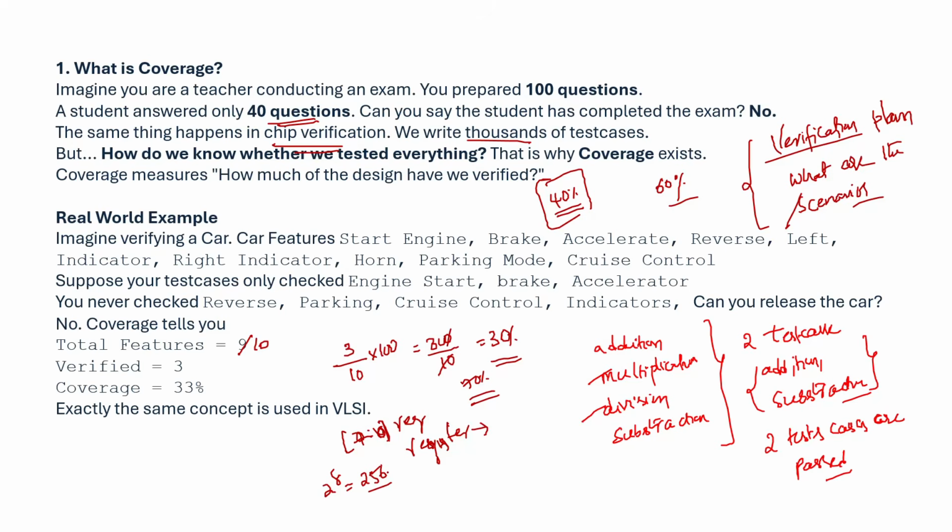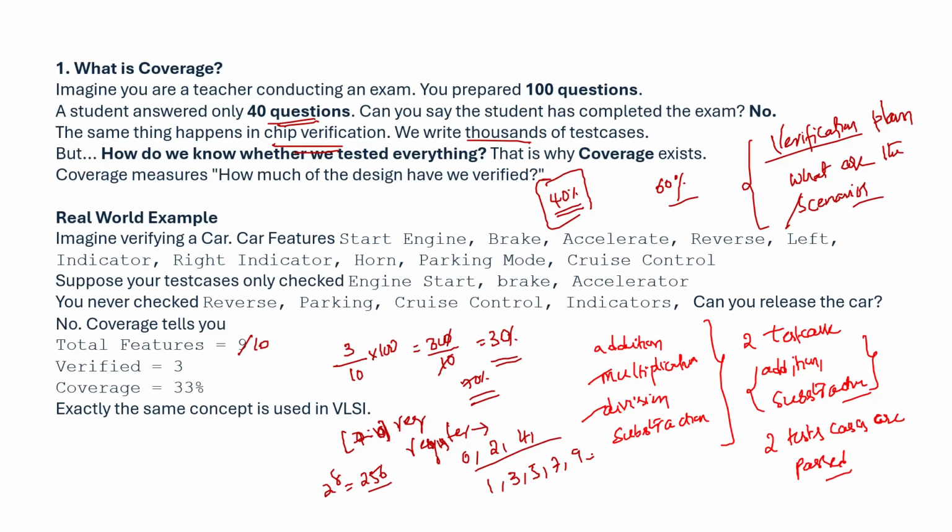If you have tested only the even values like 0, 2, 4, then the odd values like 1, 5, 7, 9 are not tested.